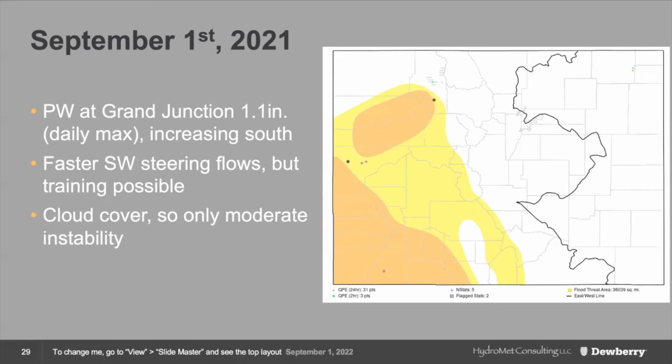And so this day went down as a bust for us, essentially a false alarm, because the rainfall of 1 to 1.5 inches was spread out over enough hours that it didn't really ever amount to a legitimate flood threat. So false alarms are something that we have to deal with. And what we try to do is learn from them and incorporate the things that we learn into future forecasts.